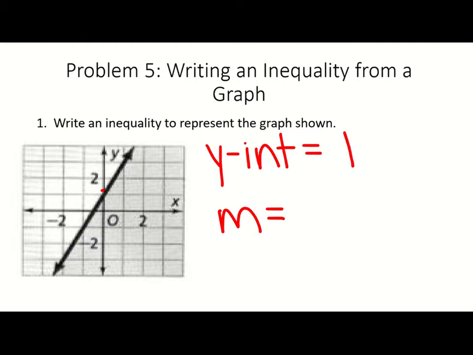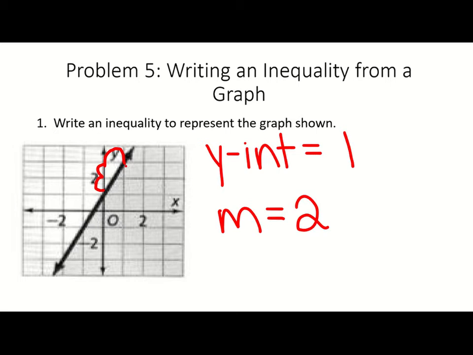I'm not going to worry about writing it as a point because we're just writing the equation. And my slope, I need to count the rise and the run between any 2 points. So I'm going to say I rose 2, which is positive, and I ran 1, which is positive. 2 over 1 would give me a slope of 2.